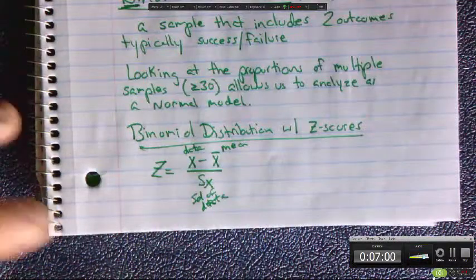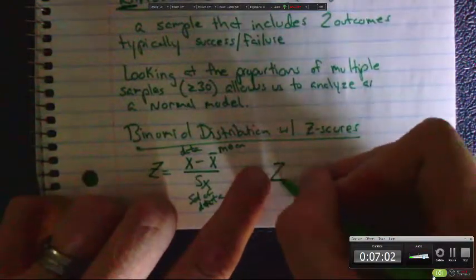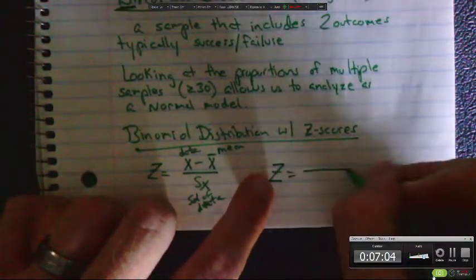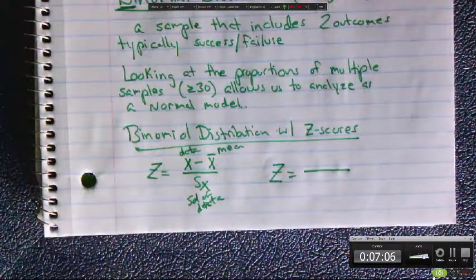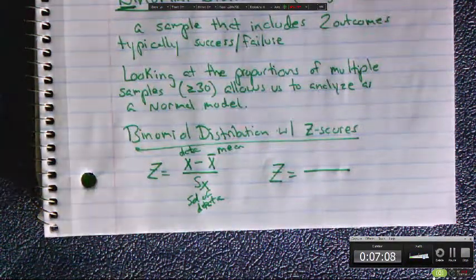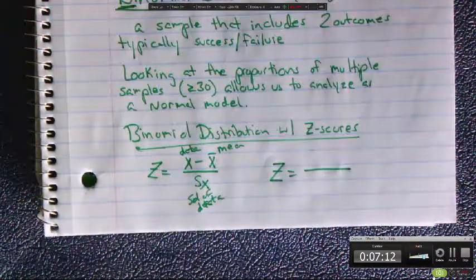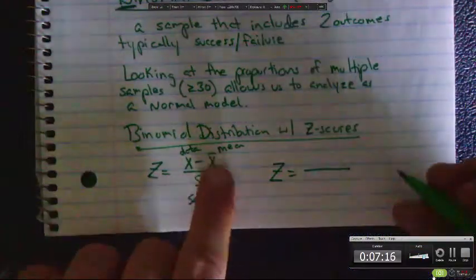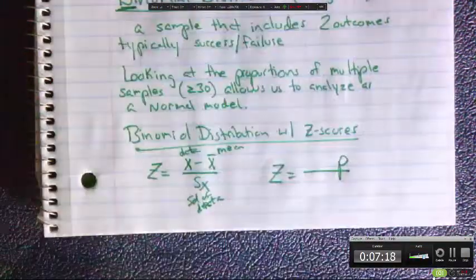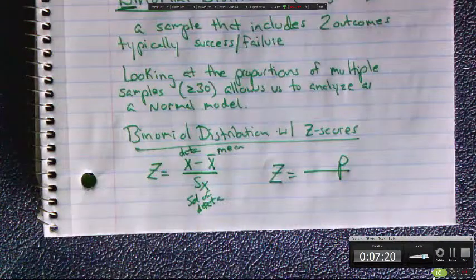Okay? So our formula for z-score in terms of binomial distribution, our mean is what we should get. Mean, the average, is what should happen. If the class average is 70, then if I ask some random student, theoretically they should get 70. So the mean in this case is going to be our population proportion. But if we go out and collect a sample, what our sample results in is not necessarily going to be the same thing.